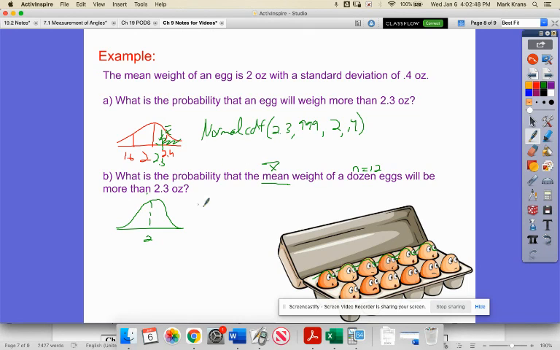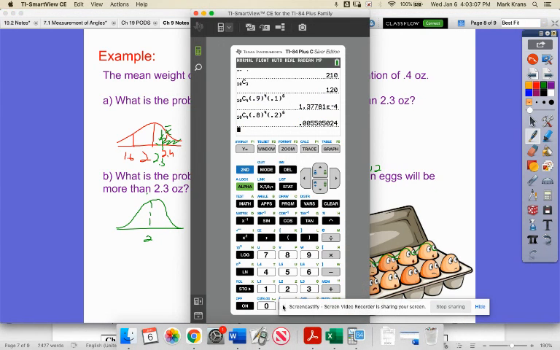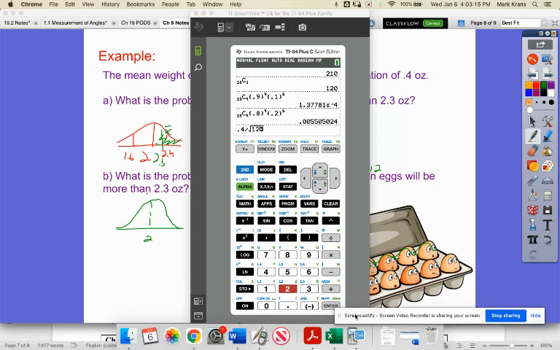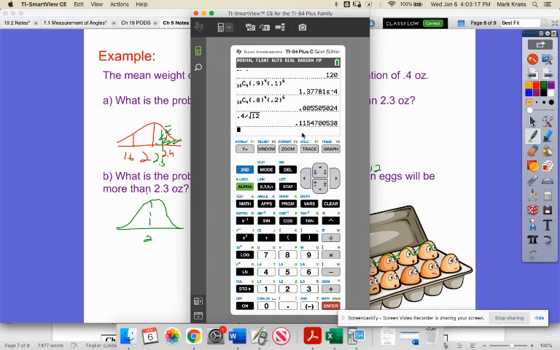And so the mu of my x bars is still 2, but the sigma of my x bars is now 0.4 divided by the square root of 12. It has shrunk my distribution so that I'm way more likely, okay? 0.4 divided by the square root of 12 is going to be a small number, okay? So this is going to be my standard deviation for my sampling distribution.